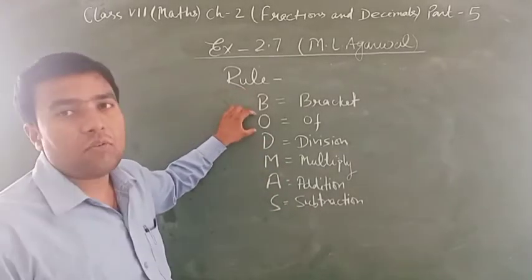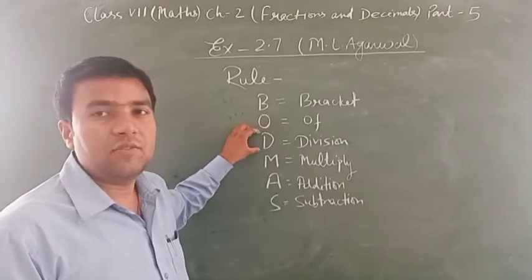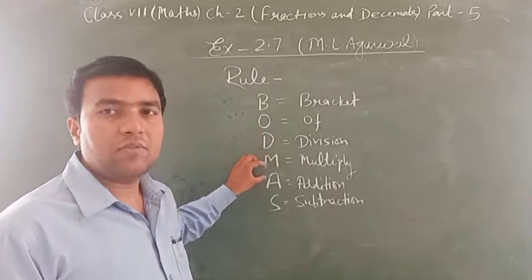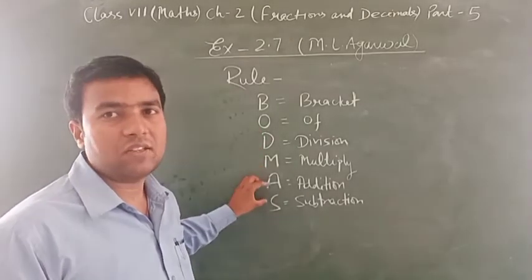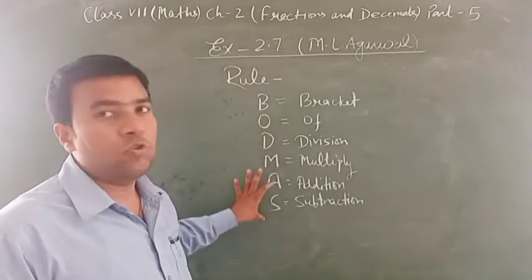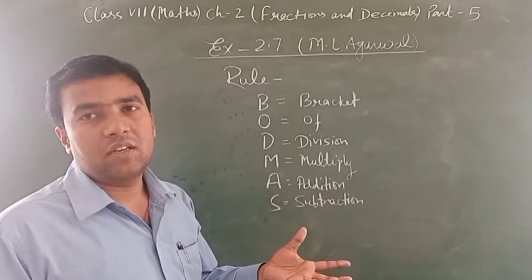After that, if of is given, find the of. After that, division you will do. After that, multiply. After that, addition. After that, subtraction. Clear? Like this, when you do it, you will get the correct answer.